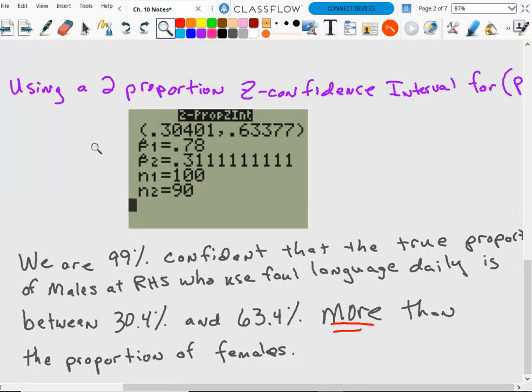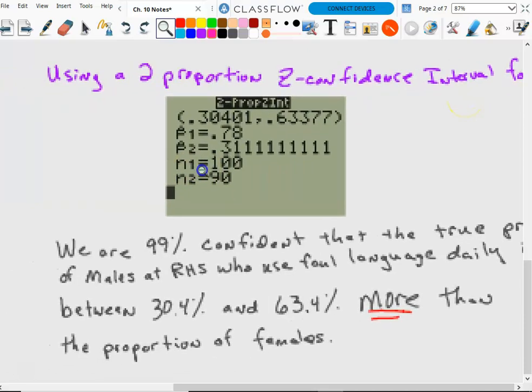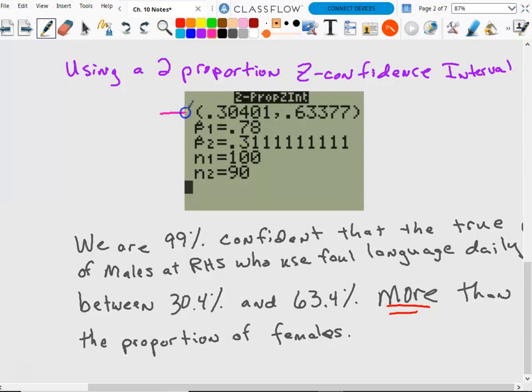And then, using a 2 proportion z confidence interval, I chose to do males minus females. We would need to report this. Now, and it's easy to get confused here, that is not the proportion of males who use foul language. That is not the proportion of females who use foul language. It is the difference in the proportion.